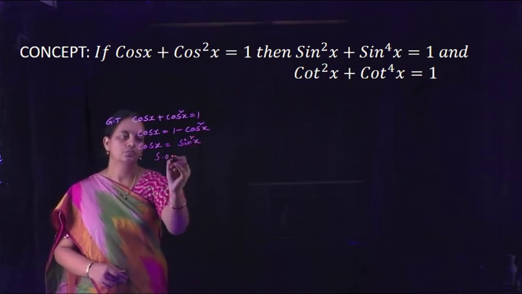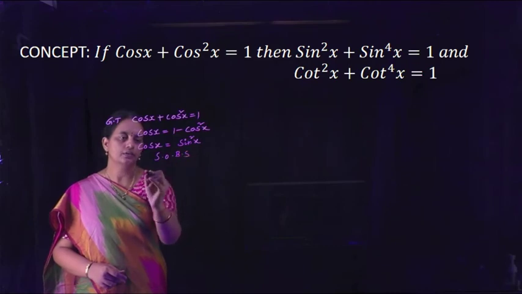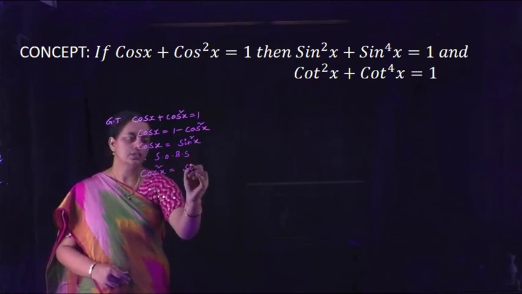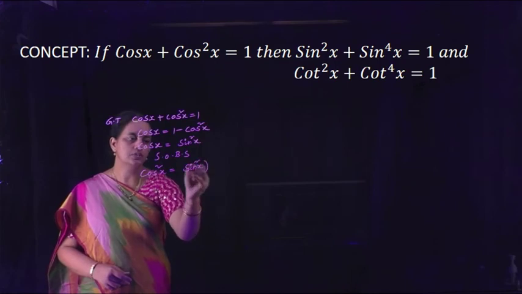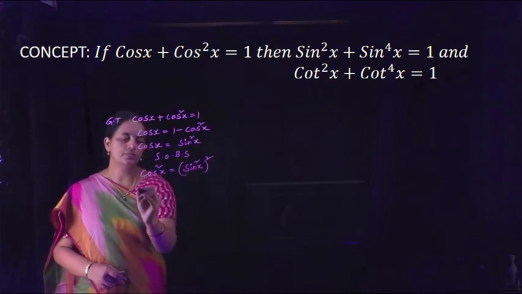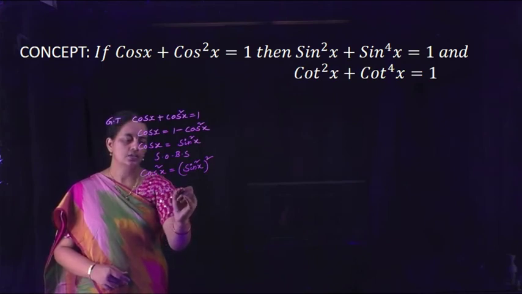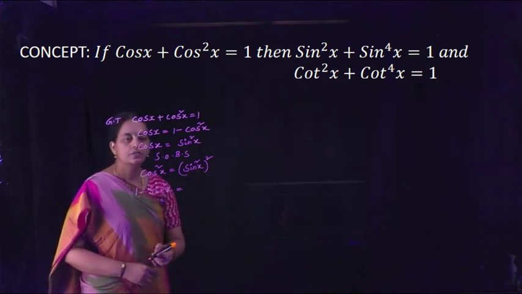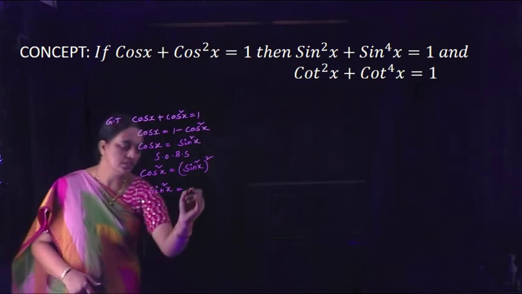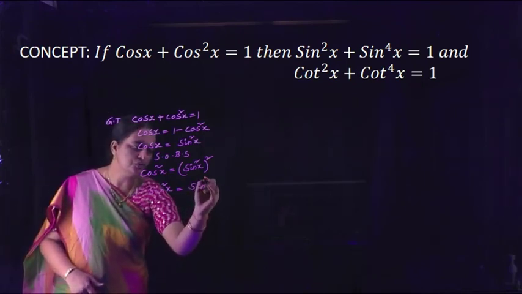Squaring on both sides, we get cos square x is equal to sin square x whole square. Cos square x means 1 minus sin square x. This is equal to sin square x whole square, that is sin power 4x.